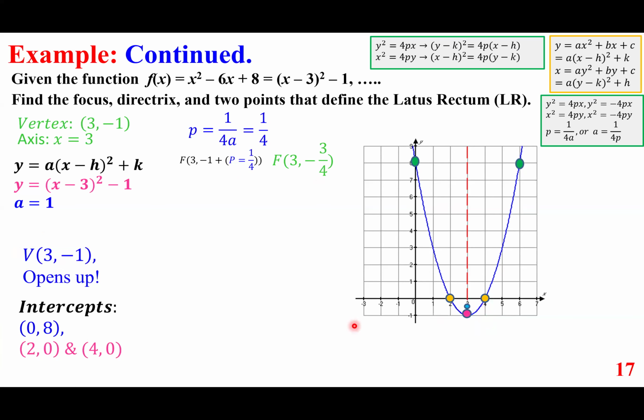Now, the directrix is a horizontal line, y equals something. The y coordinate of the vertex is -1. We're going to come down by how much? By P units. So y equals -1 minus P. P is 1/4, so it becomes -5/4.